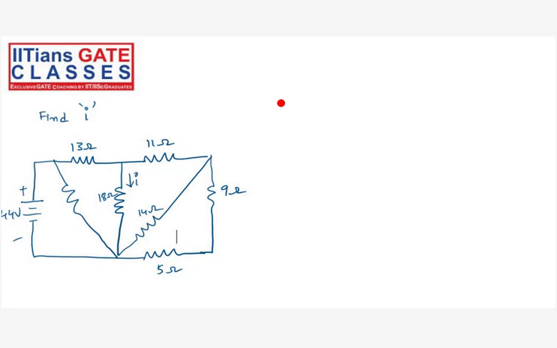Try solving this. The value of this resistor is 22 ohms. Okay, now solve this.